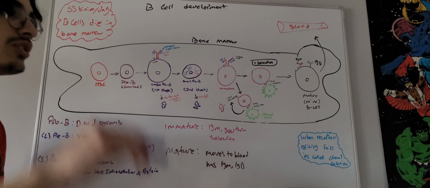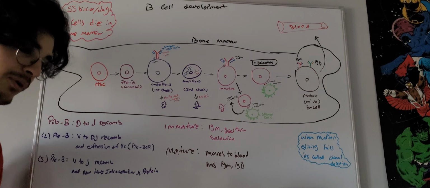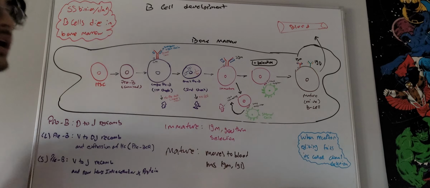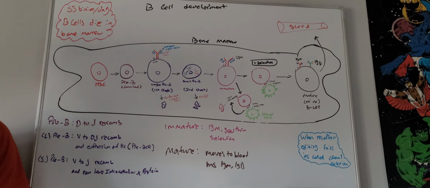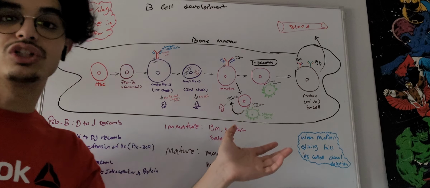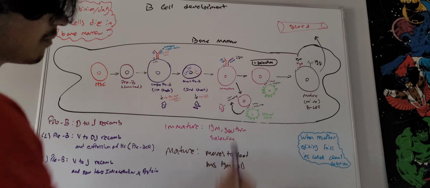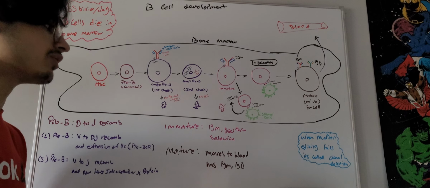If you exhaust all of your VJ recombinations, whether it's on the kappa and lambda isotypes on the first or second allele, you're going to go through apoptosis. Because the cell's like, I tried to give you all of these different chances, but maybe there's just something wrong with the heavy chain that you can't fix. It's not the light chain that's the problem. And so the body will eventually just kill this one. And that's what you need to know.